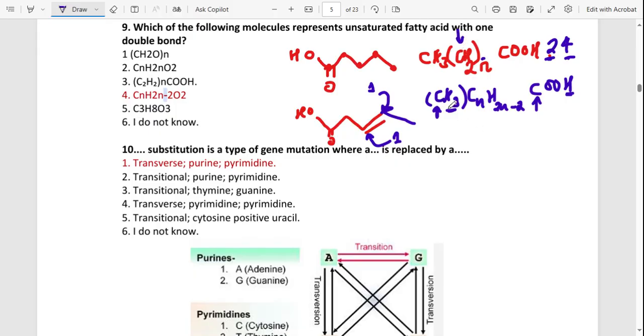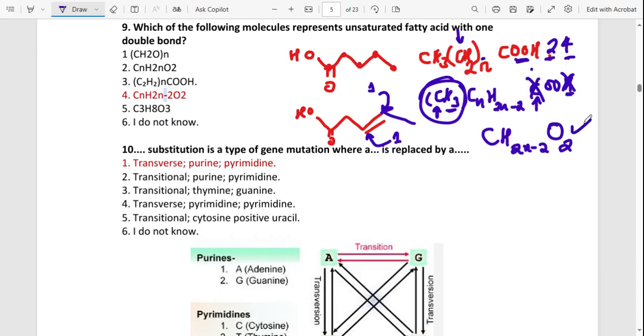So meaning I can, without writing this and without including this carbon and this hydrogen, I can still say we are supposed to have CH2, okay, n. This is the initial what you're supposed to have. But because we have got a double bond, we're subtracting a 2 from that. We are remaining with two oxygens.